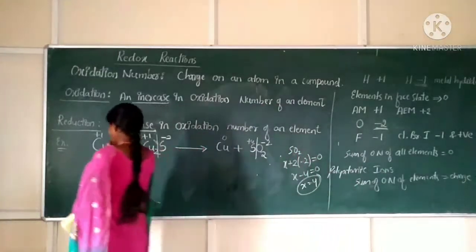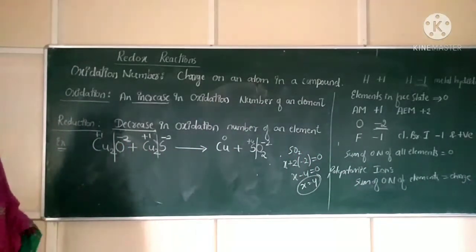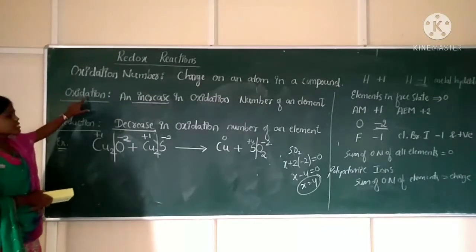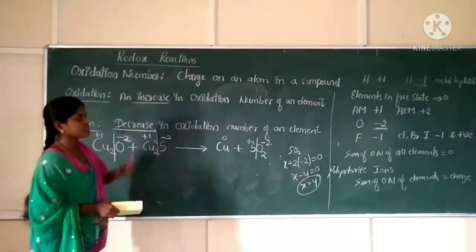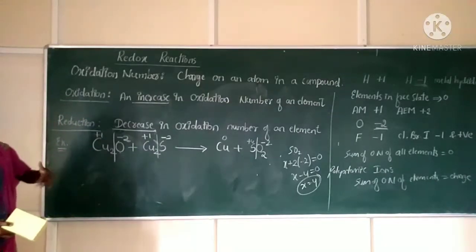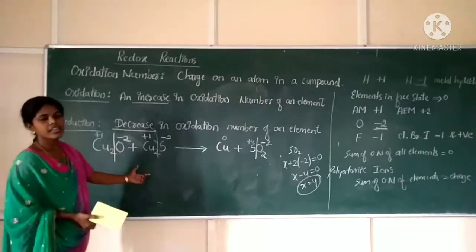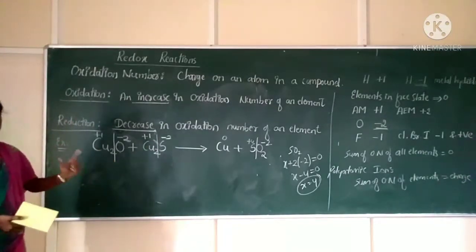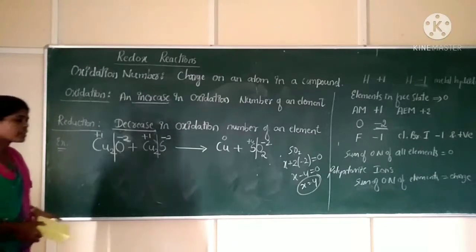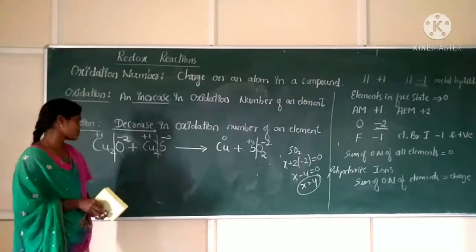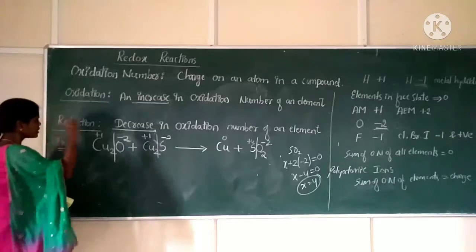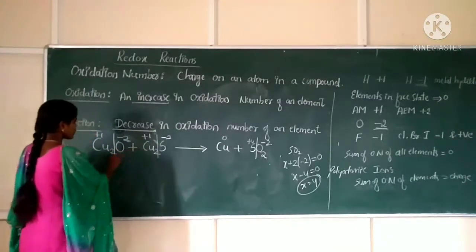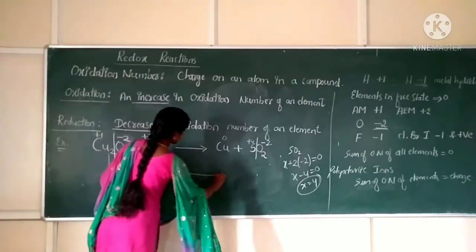Now, this reaction is a redox reaction. What is oxidation? An increase in oxidation number of an element. One element is increasing its oxidation number, and another element is decreasing its oxidation number. Now we have to find which element is increasing and which is decreasing. In this example, copper is decreasing its oxidation number.